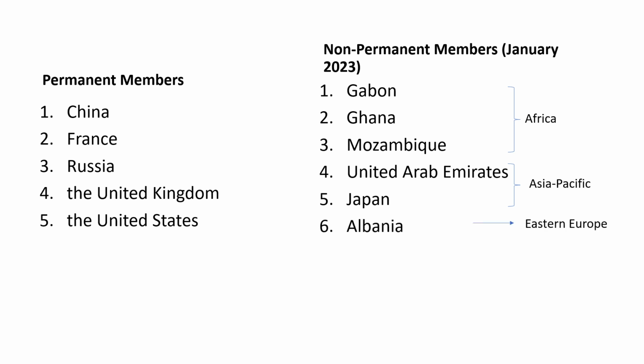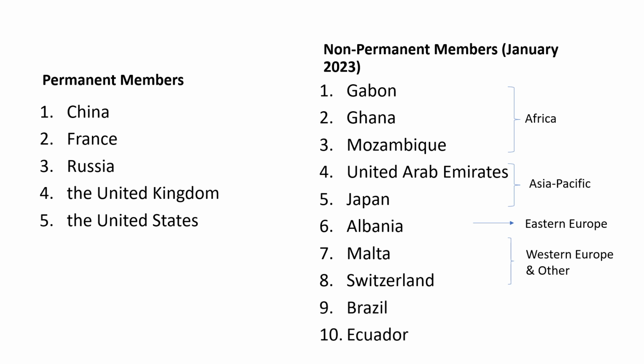Albania represents the Eastern Europe group. Malta and Switzerland belong to a group called Western Europe and Other, implying other countries in Europe. Brazil and Ecuador are from Latin American group, which also include the Caribbean.